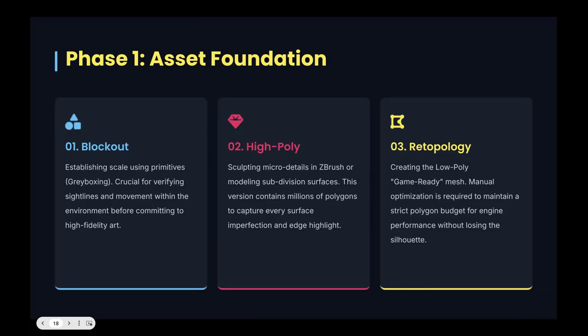So the more polygons a model has, the heavier it is to render, and the worse time you'll have rendering it in Unreal Engine.